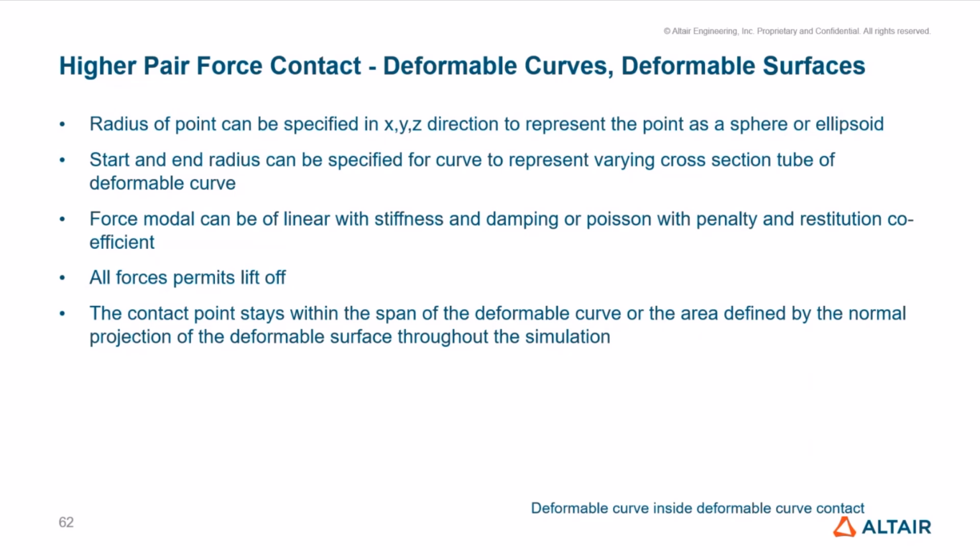And you can also use the Poisson contact, where you can specify the penalty and restitution coefficient. The force contact allows liftoff, and the requirement is the contact point should stay within the span of the deformable curve or the deformable surface throughout the simulation.